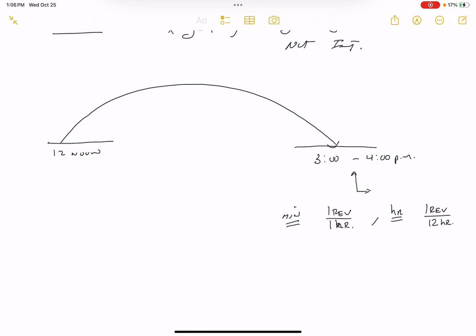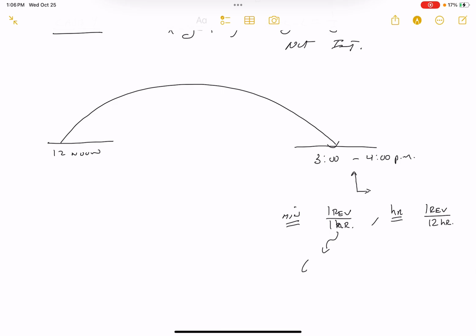Now, I'm figuring out what time this would occur between 3 and 4 when they line up to each other. So I hope you realize that the minute hand, this is a rate times time problem. So its rate is over here. And by the way, what I mean by rate times time, the rate is in revolutions per hour, and the time would be an hour. So I'm going to say, how many hours?